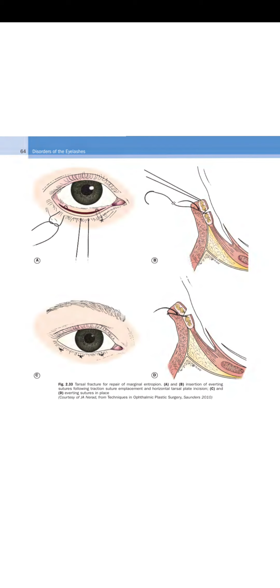You put the suture from the lower part of the upper end of the tarsal plate, and then it passes directly through the skin. So you can see this. And what it does is basically it everts the eyelid. A and B are showing the insertion of the everting suture following traction suture placement and a horizontal tarsal plate incision, and the everting suture in place.